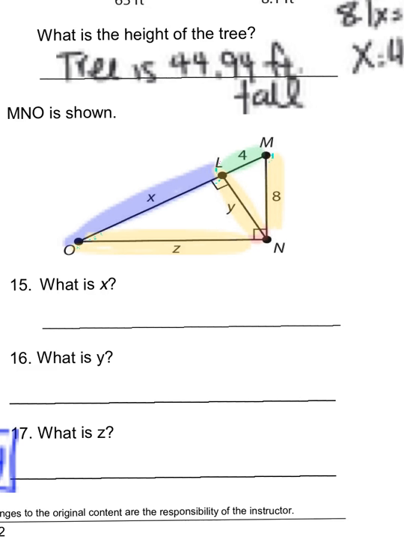Okay, in problem number 15, 16, and 17, I'm responsible for finding x, y, and z. Now you can see that I marked the right angle in red. Across from the red angle, you have your green and your purple. And the means, so the green and the purple would become your extremes, but the means would be your 8, your y, and your z.